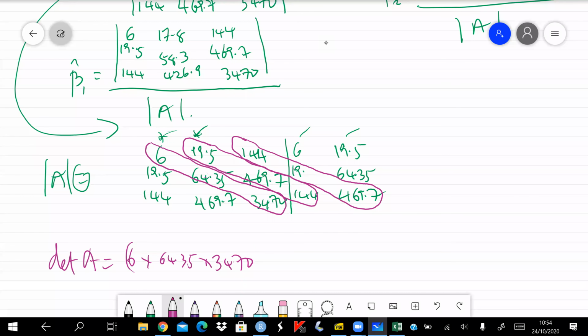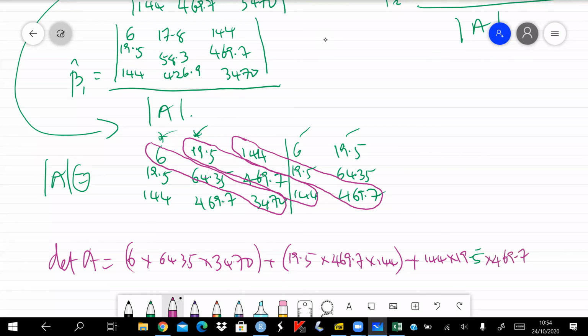Then that plus the product of elements in the other diagonal, so 19.5 times 469.7 times 144. And I add the last one, 144 times 19. This is 19. Oh, this one should be 19.5.